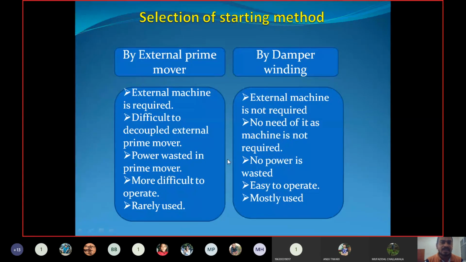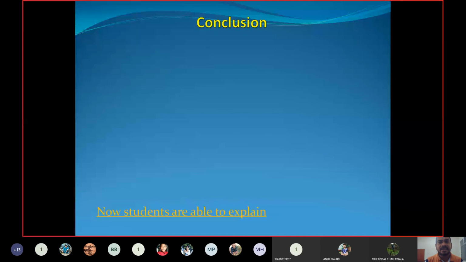So the external prime mover method is rarely used due to its disadvantages, whereas starting of synchronous motor by damper winding is mostly used because it is easy to operate, no power is wasted, and no external prime mover is required. That's why the damper winding starting method is mostly used compared to the external prime mover method.